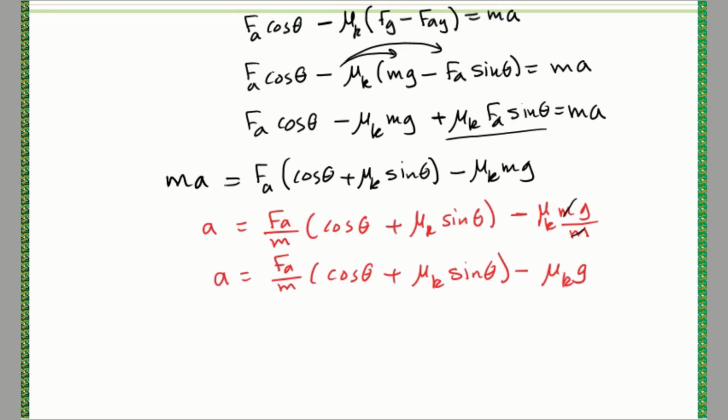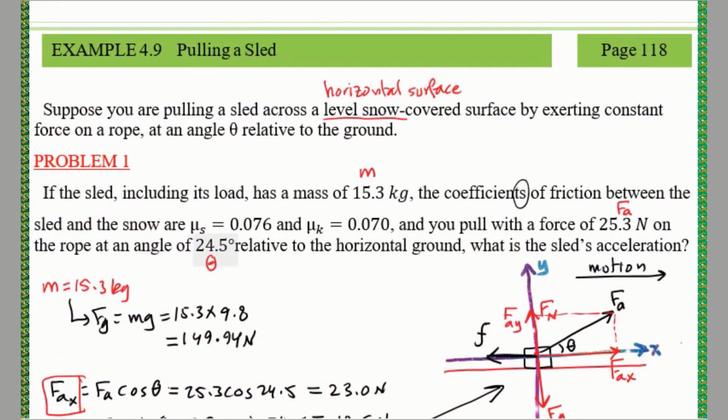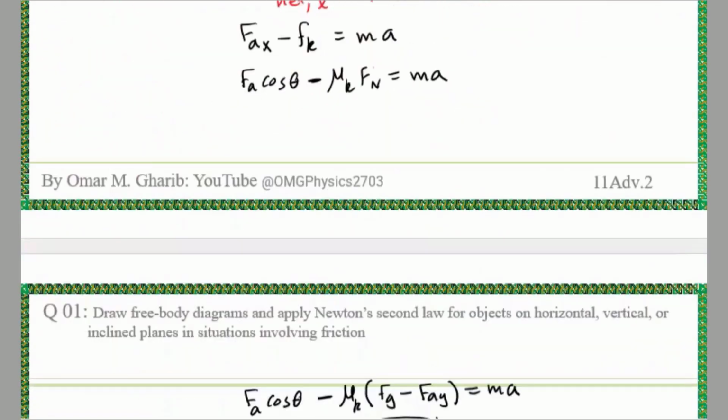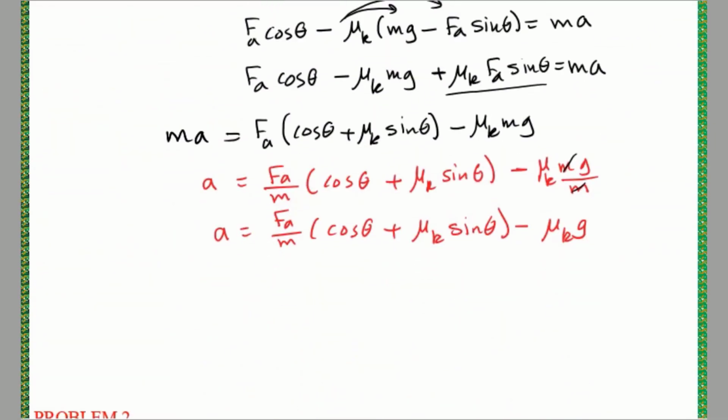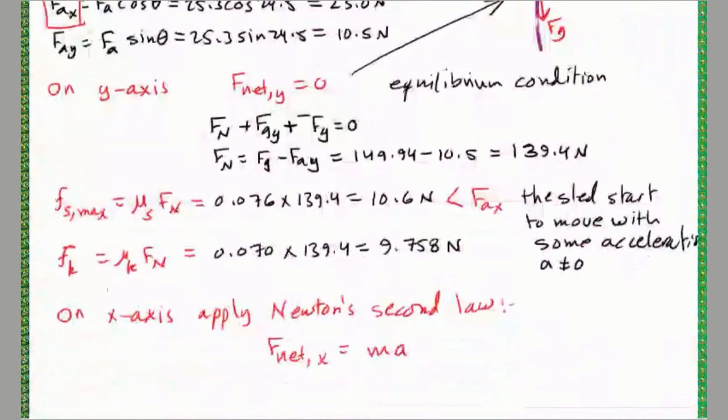Mu k is 0.07, theta equals 24.5, and the force is 25.3. Put these numbers here: Fa 25.3. The mass is 15.3, I think. Yes, 15.3.